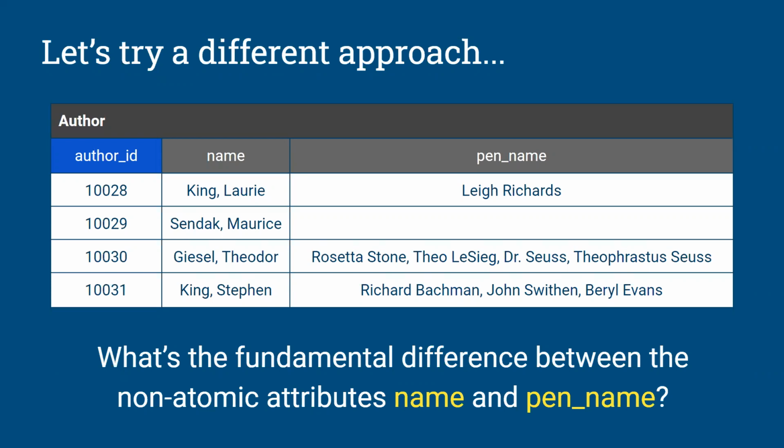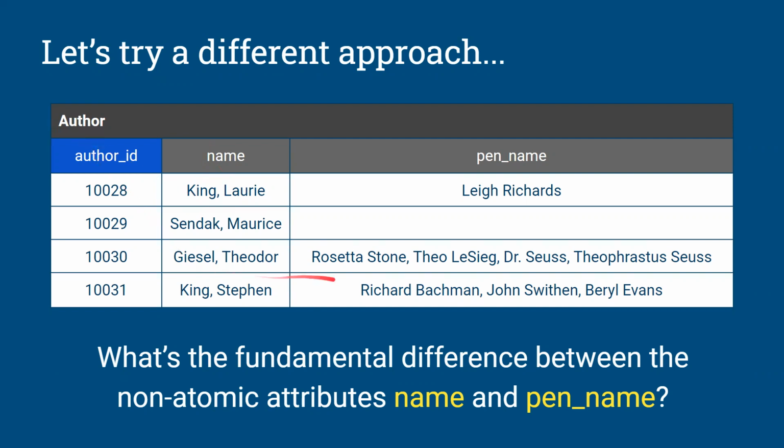The thing that I want to point out that's fundamentally different here is that this is a multi-valued, non-atomic attribute, but the 2 values here are different stuff. This is a first name and a last name. So when I talk about what these attributes are, I can say they're different from each other.